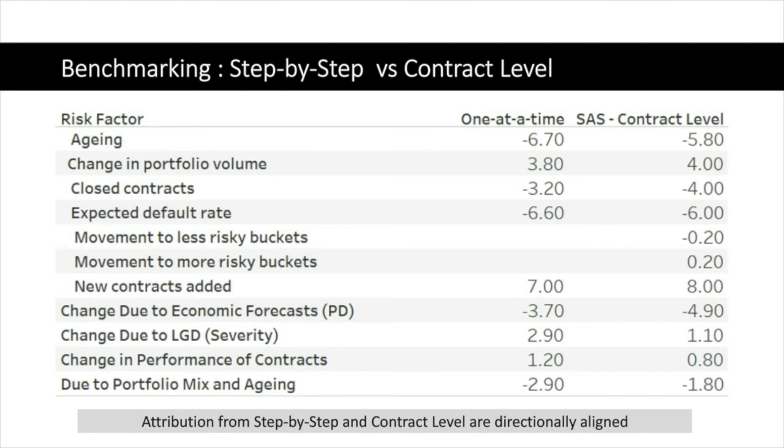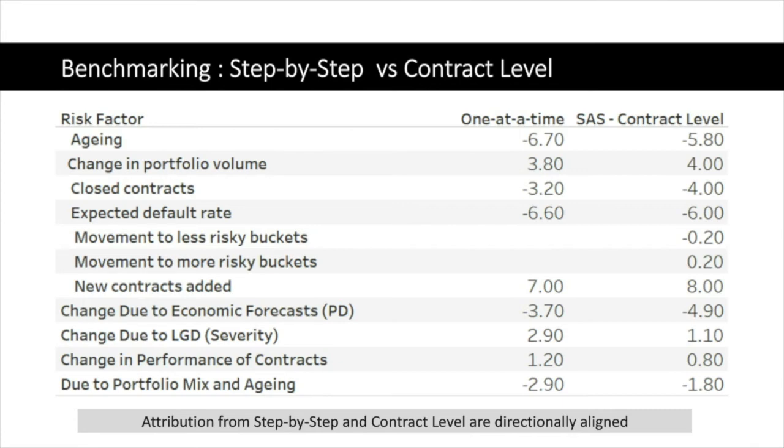So this slide here shows that when we change the risk factors, which are shown on the left, one at a time, we can obtain the results shown in the one at a time column.